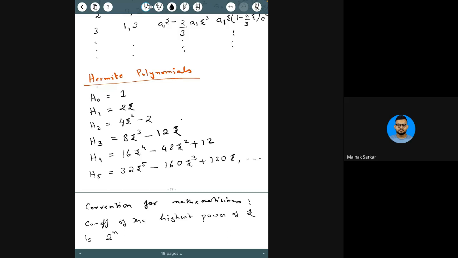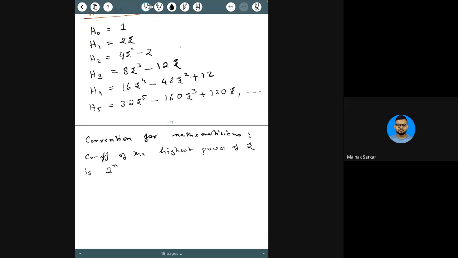So when we write our wave function in terms of the Hermite polynomials, if we incorporate this convention in our wave function, then we can write psi_n(x) as follows.